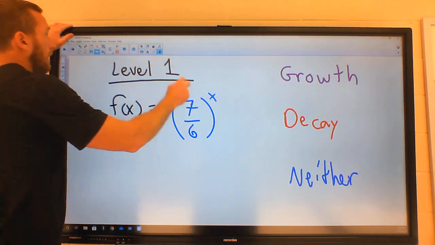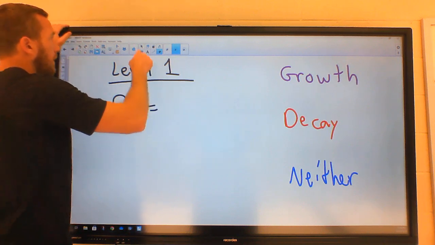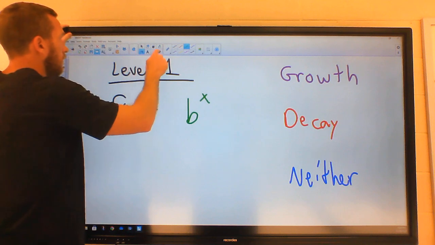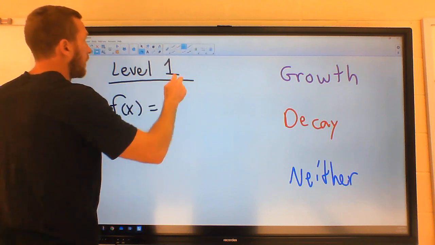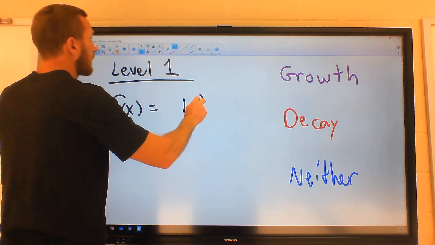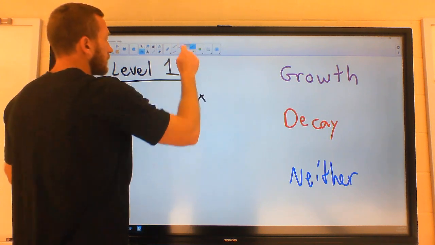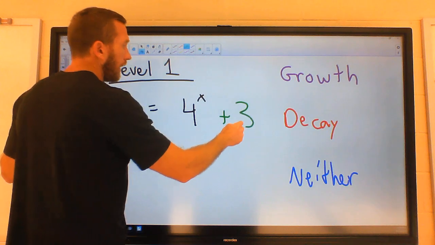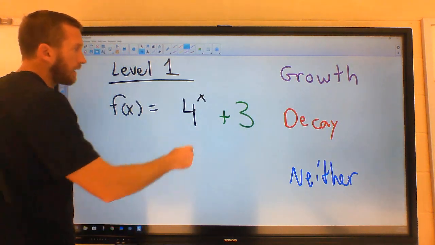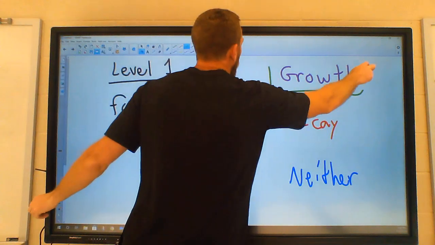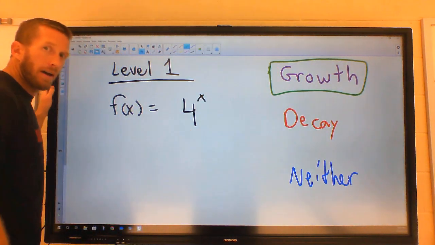Now I want to make this clear. For each of these problems, we have some base value raised to the x power, for example 4 to the x power. If you add something outside, like 3, 4 to the x power plus 3 is still a growth problem. You guys with me on that?